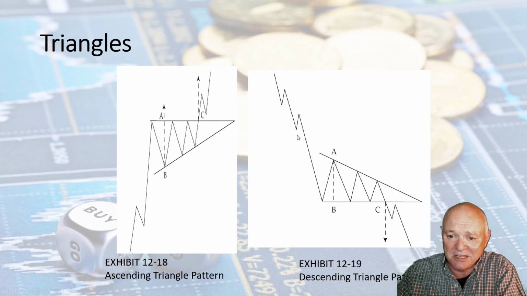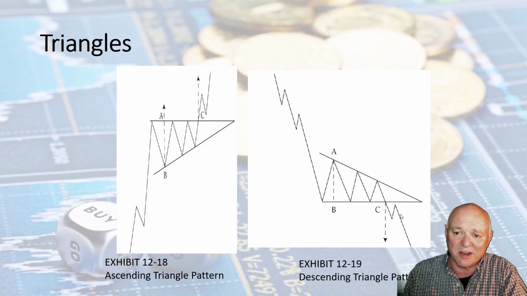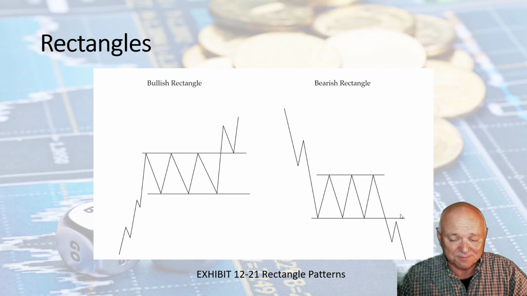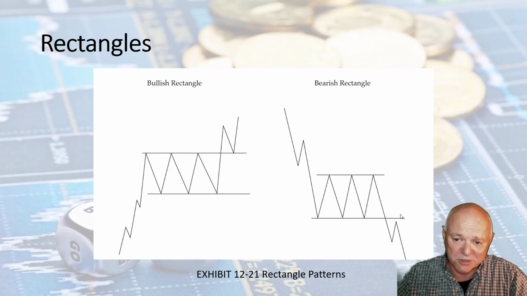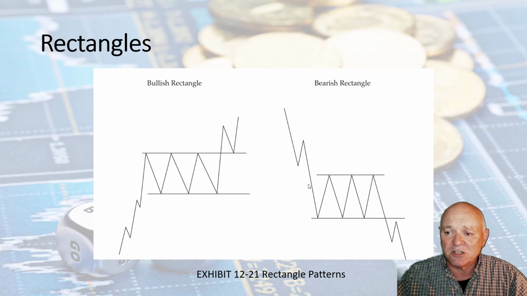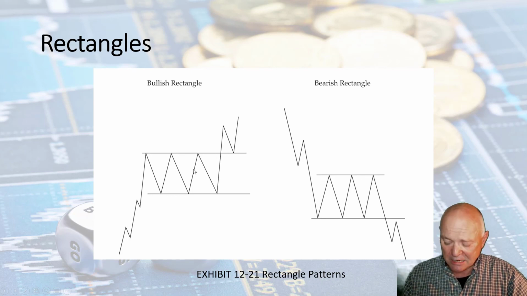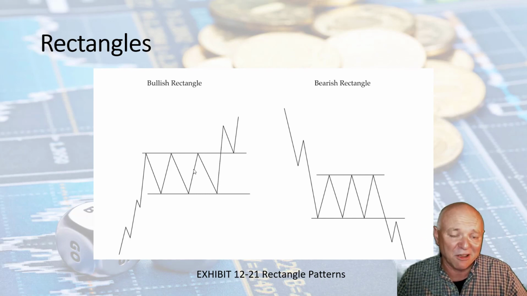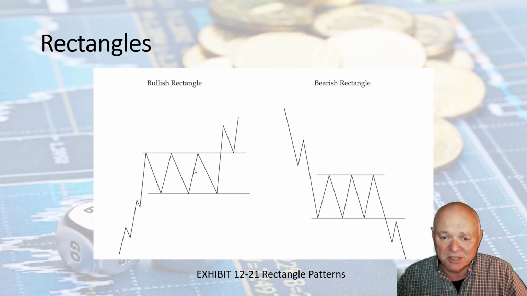And here again we see a continuation, but this is a downward or a descending triangle. Rectangles. Again, here we have our resistance line and our support line, both parallel in this case, but essentially doing the same thing and giving us the same information. So the difference between a triangle and a rectangle, a flag and a pennant, essentially seems to be very limited.